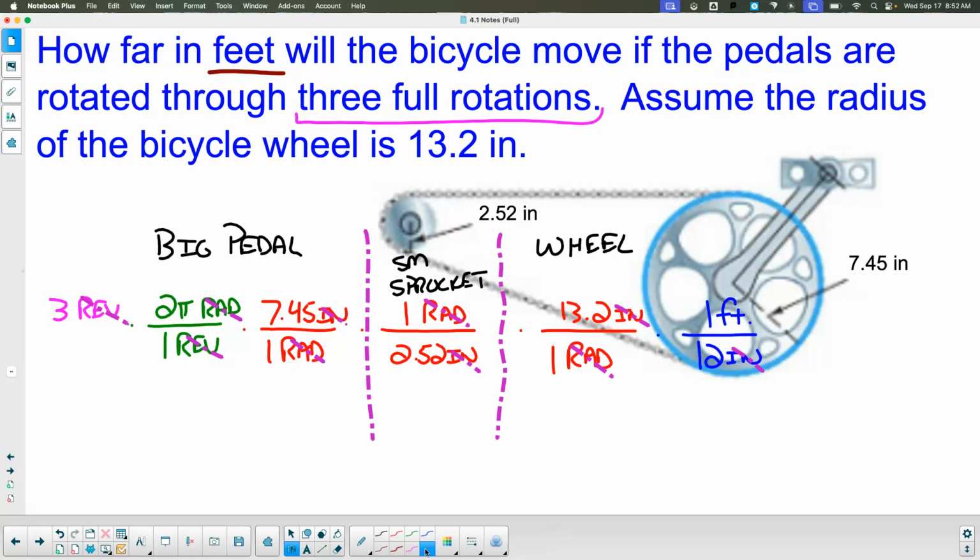So on top, we have 3 times 2 pi times 7.45 times 13.2. On the bottom, we have 2.52 times 12.